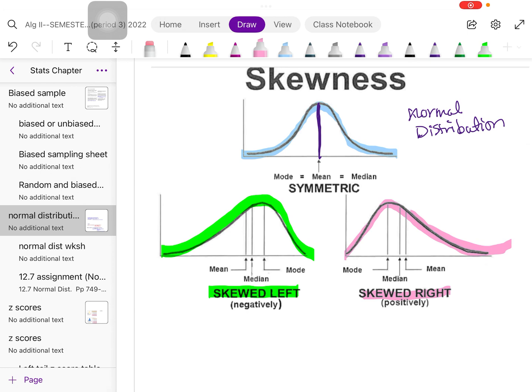So when you have left skewed data, your mean is closer to the left end of the data. When you have right skewed data, your mean is closest to the right side of the data. But as I said, today we're going to talk about normal distribution, so we should end up with this true bell-shaped symmetrical curve.